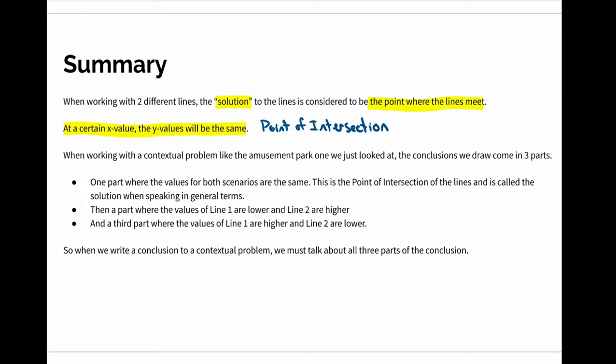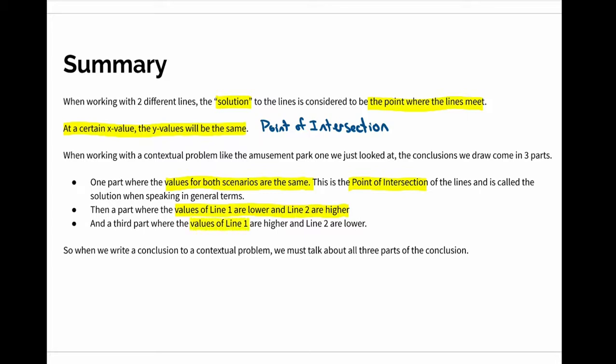And then working with a contextual problem or a word scenario like the amusement park one we just looked at, the conclusions we draw come in 3 parts. The first part is where the values for both the scenarios are the same. Again, this is the point of intersection, where they cross. A second part is where the values of line 1 are lower and the values of line 2 are higher.